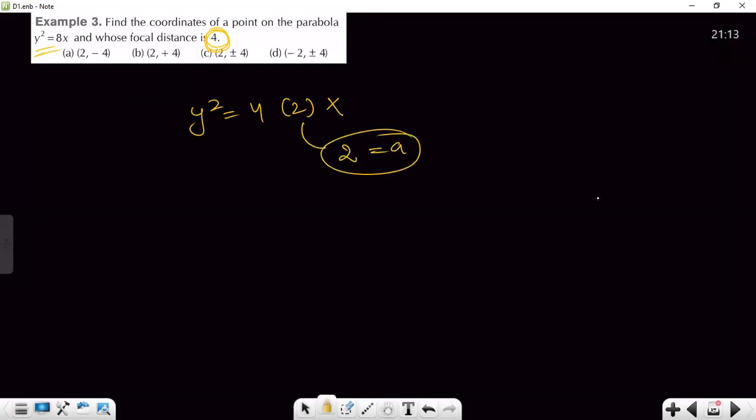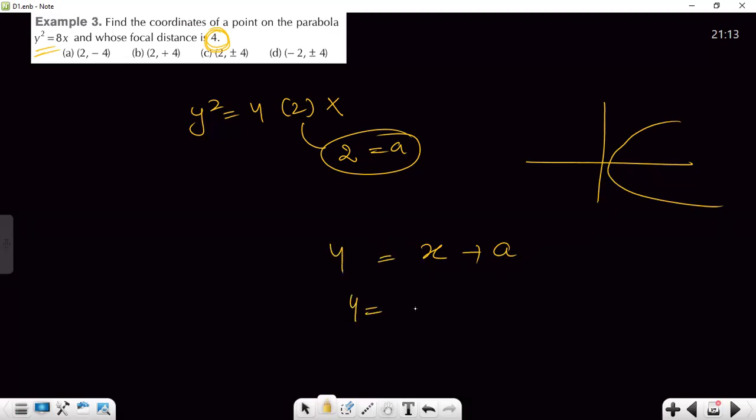The x is always positive, so the parabola is somewhat like this. To find the focal distance, it is given by x plus a. The focal distance is given as 4. So 4 is equal to x plus a. a is 2 here, so x is equal to 2. So the x coordinate becomes 2 for sure.